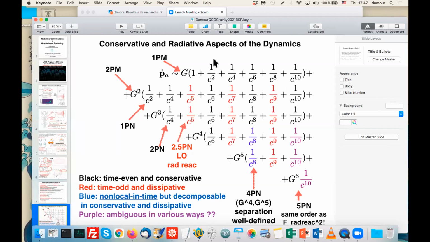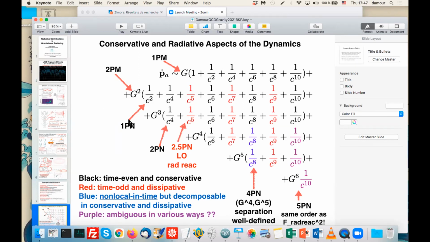Then you ask, what is the scattering that you derive from these equations of motion? And in computing the scattering, there will be terms that will come from iterating this term. The only subtlety is that these terms are gauge dependent. That is to say, you cannot say universally that the terms coming from the square of the radiation reaction are equal to this, because it depends on the gauge you use.